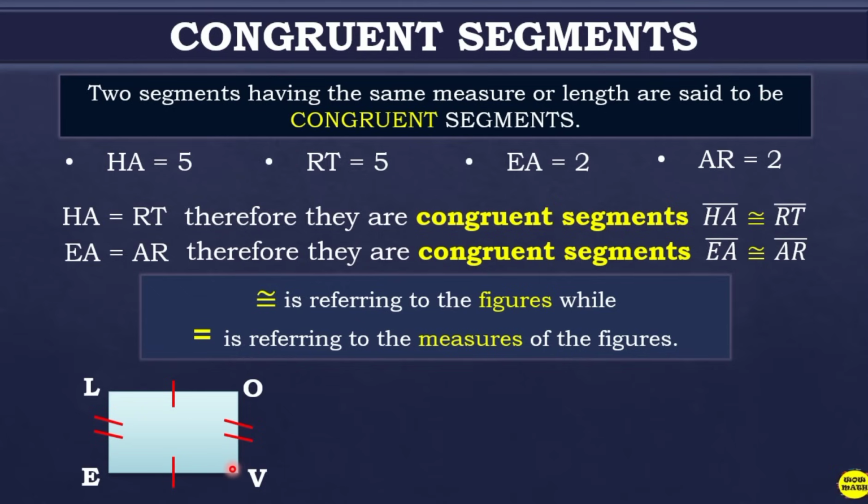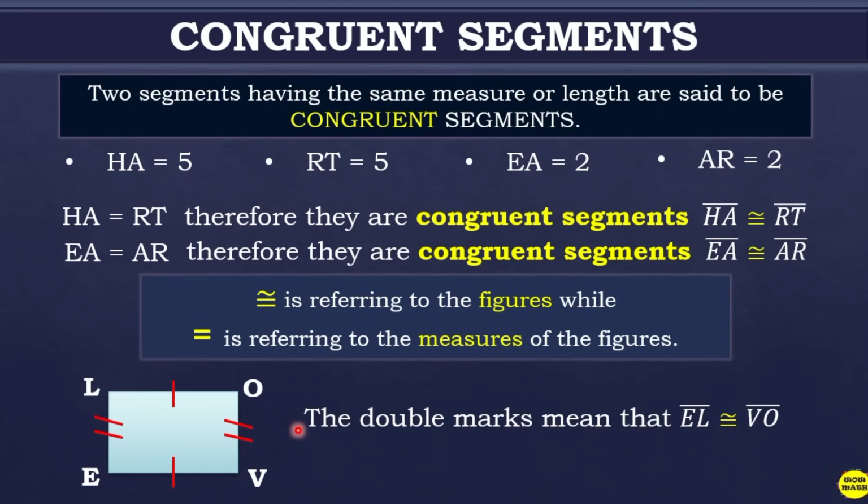Again, we cannot say that they are congruent segments if the measures are not equal. Dapat pareho muna yung measure nila para masabi natin congruent. Okay? So, given this figure, the double marks mean that line segment EL is congruent to line segment VO.